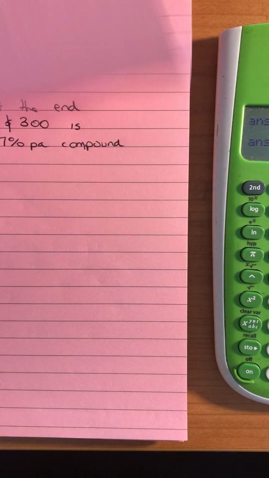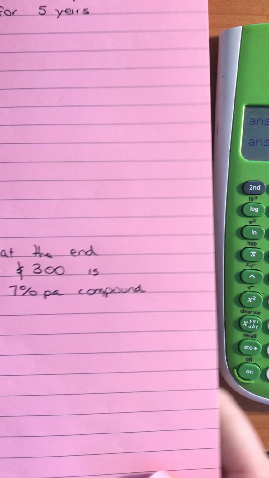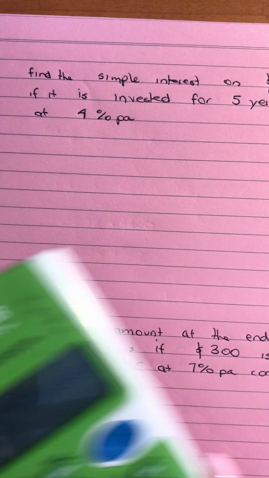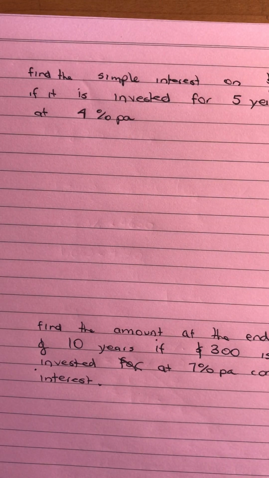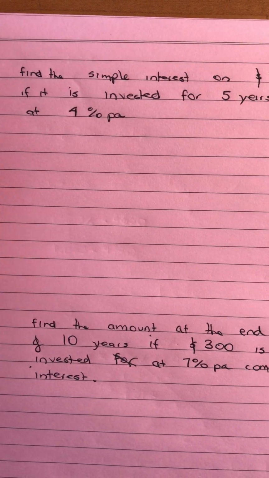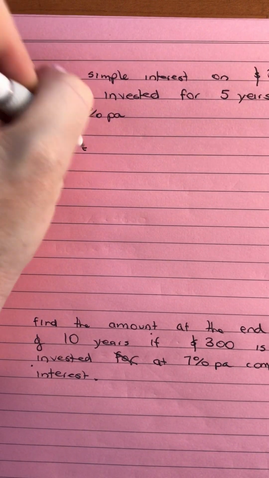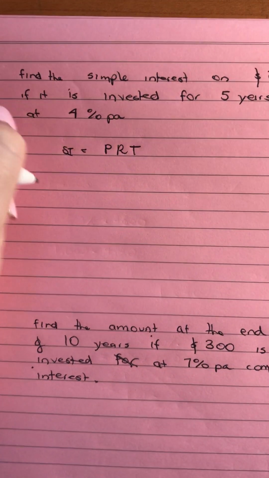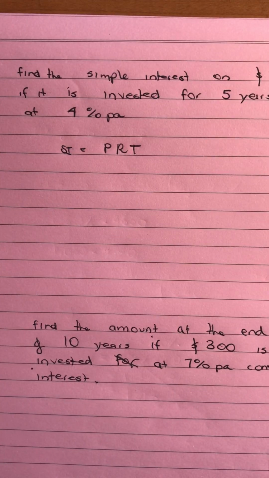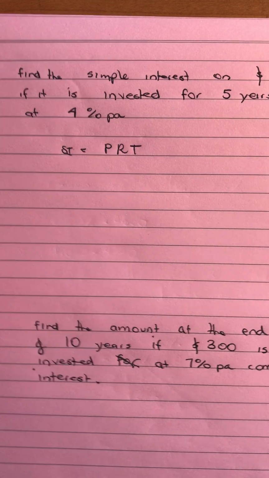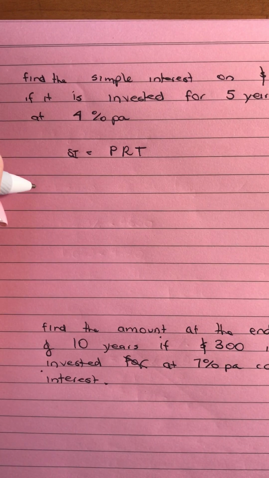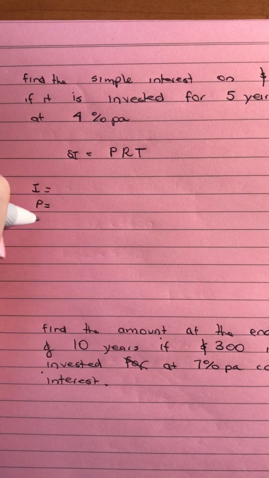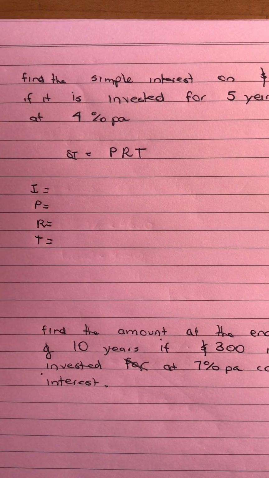Okay, the last two that I'm going to look at in this series are simple interest and compound interest. In my first video, I talked about how for simple interest, I always use simple interest is PRT, and other people may use PIN or have PRT over 100. I always like to write mine down the side and do any conversions before I get into the question.